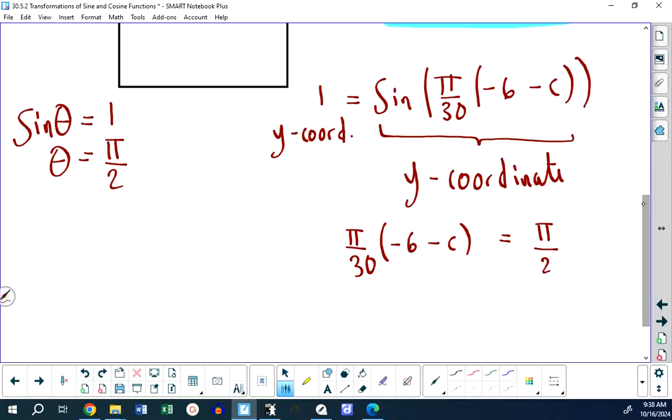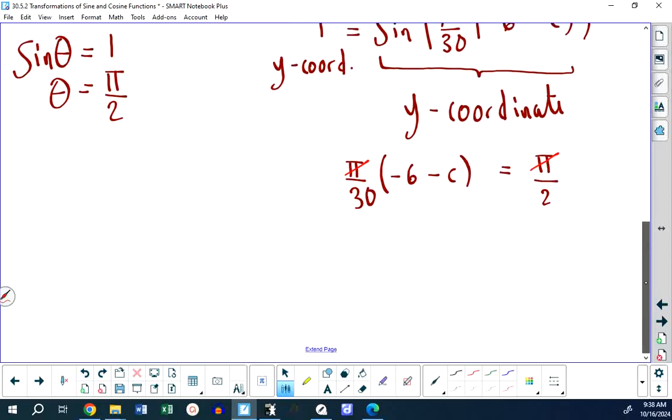And now you can solve that. The pi's cancel. If I multiply both sides by 30, I get negative 6 minus c equals 15, because 30 divided by 2 is 15. If I add c to this side and subtract 15, I get negative 21. That's your phase shift.